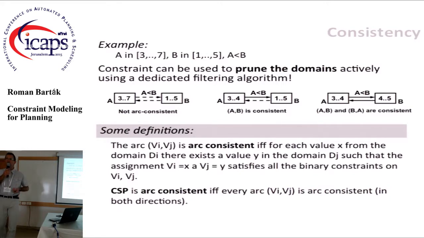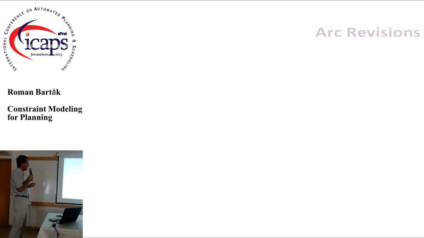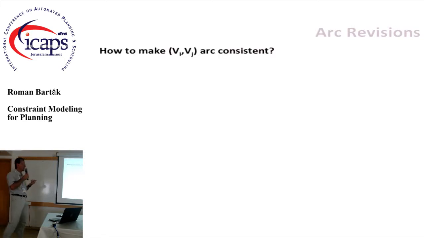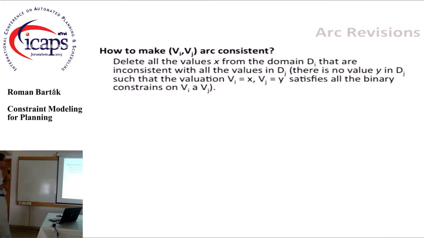So this is a local consistency technique because we are looking at each constraint separately, and we make each constraint consistent separately. So how do we make a single constraint consistent in general? Because I said constraint is any relation. So how can we ensure that the constraint is arc consistent in general? Well, we can follow basically the definition.